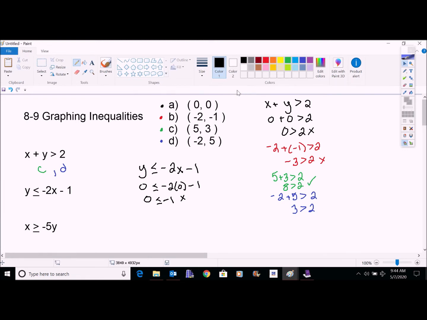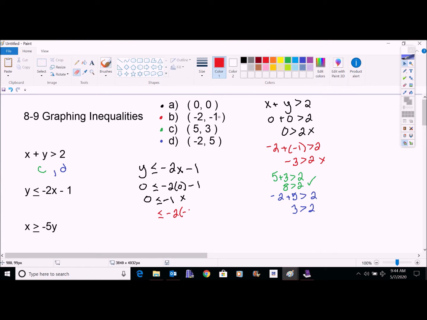Let's check and see about -2, -1. Now keep in mind this is your y value, so you're seeing -2 less than or equal to -2 times x. I messed that up. I'm looking for y. Y is -1.